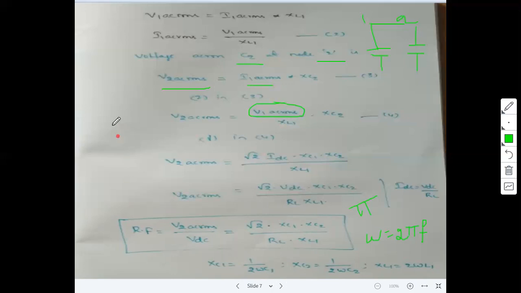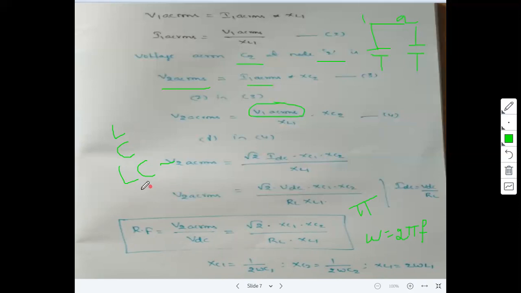The first is only the L filter, the inductor filter, the second is the capacitor filter, and the third is the LC filter. In the LC filter again we discussed section-wise multiple LC filter circuits, as the number of stages increases.